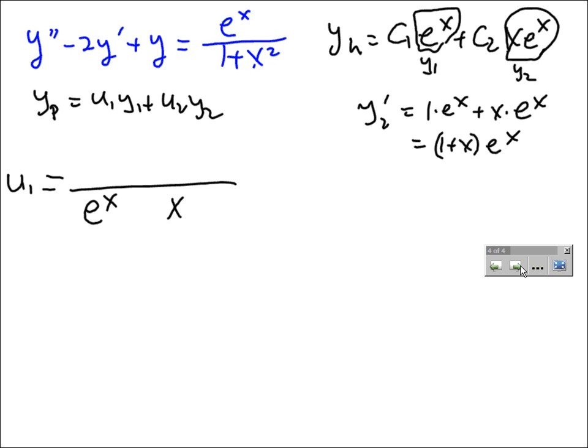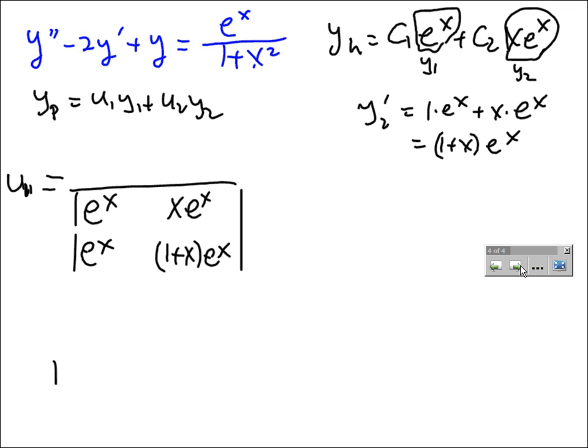So now u sub 1, in the bottom, you're going to have e to the x, y1, and next to it, y sub 2. And underneath, the corresponding derivatives. And we're going to take the determinant. In the numerator, it's going to be pretty much the same, except for column 1.